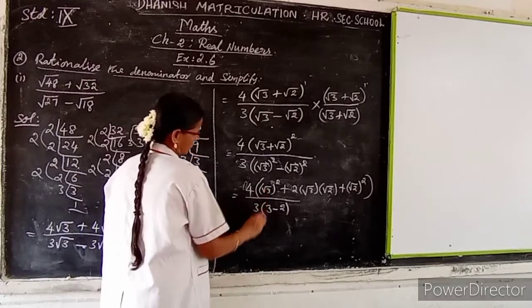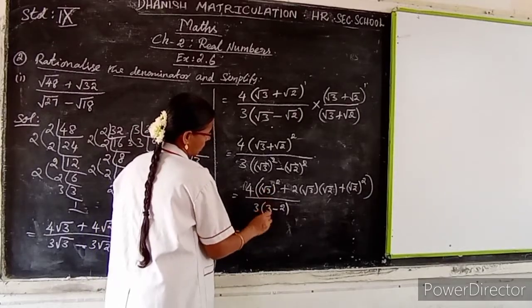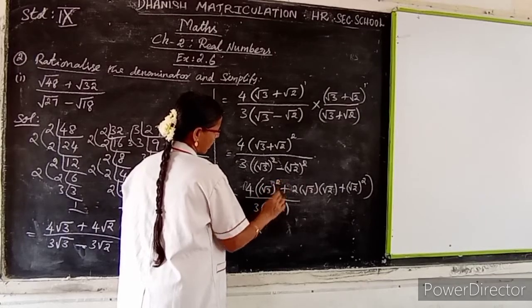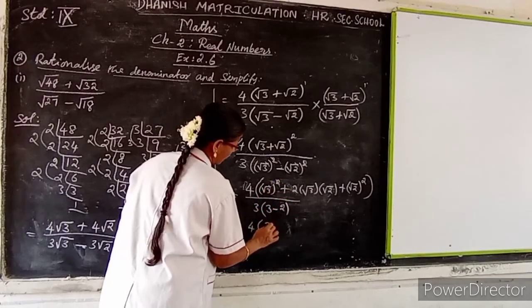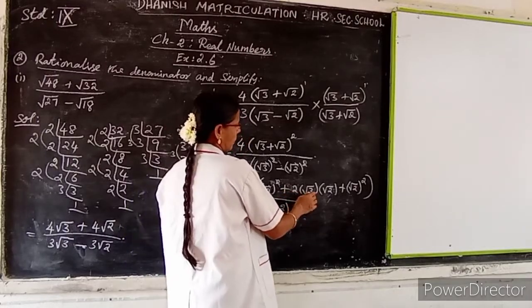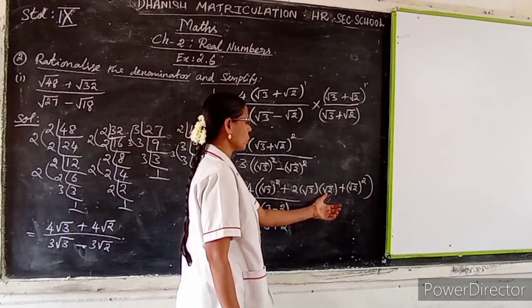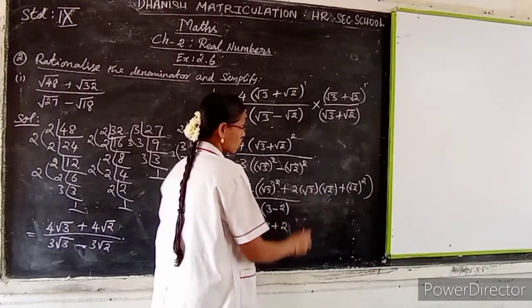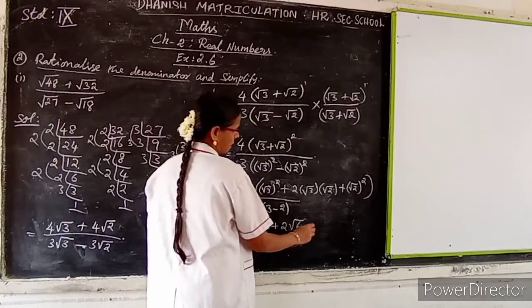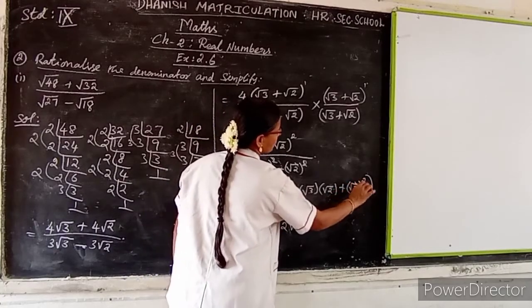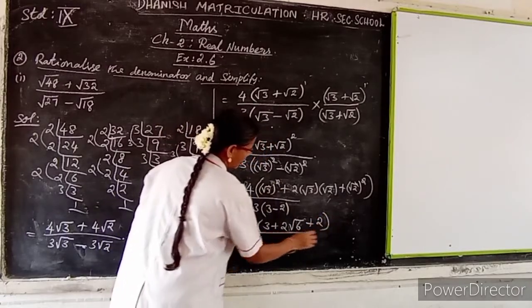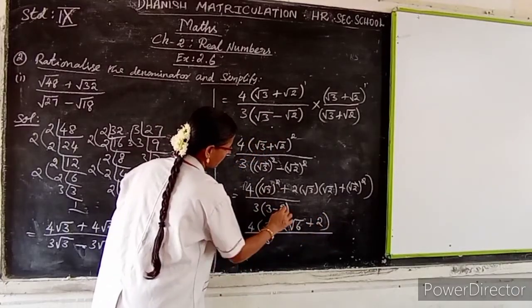Now 4 into root 3 square, the square root and the square get cancelled, so simply 3, plus 2 into root 3 into root 2, which we can multiply: 3 times 2 is 6. So 2 root 6 plus root 2 square gets cancelled, 2. The denominator is 3 minus 2, which is 1.